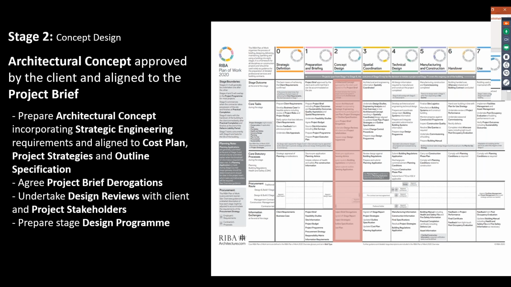And of course, a robust concept design may vary depending on the complexity of the project or the complexity of the site and many other things. But the crucial thing at stage 3 is the alignment of all of these key tasks, because the concept, the engineering, the strategies, the specification, and the cost plan must all be aligned if a scheme is to flow successfully into stage 3.